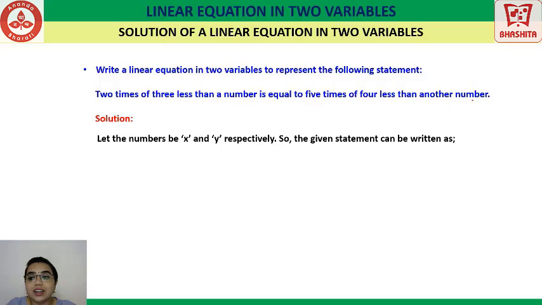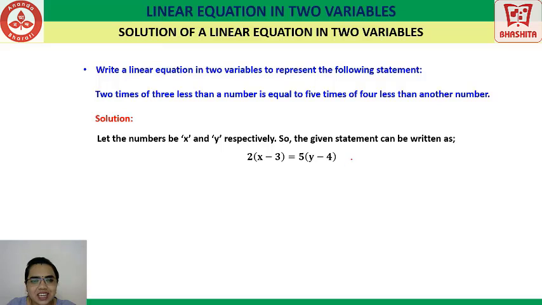So let us take another number. Another number is y. Okay, so this is equal to 5 times of 4 less than another number. The another number is y. 4 less than the other number is y minus 4, and 5 times of y minus 4. Is that clear? Right. So what do we have? 2 times of x minus 3 is equal to 5 times of y minus 4.